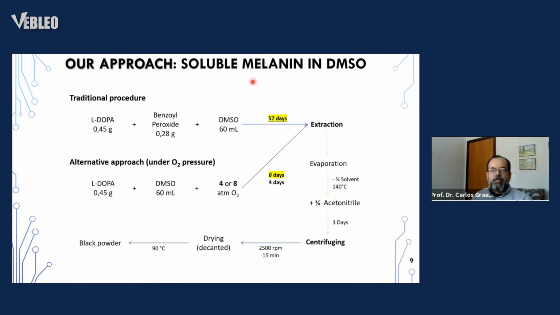The other approach to make soluble melanin was to do it not in water, which is the common solvent found in nature, but in DMSO, and for that we use benzoyl peroxide as the oxidizing agent. In this case, it takes 57 days, which is even worse than melanin synthesized in water. But by using pressure, we could reduce this quite significantly. And of course, after the synthesis, we have some steps to do the separation of the material.